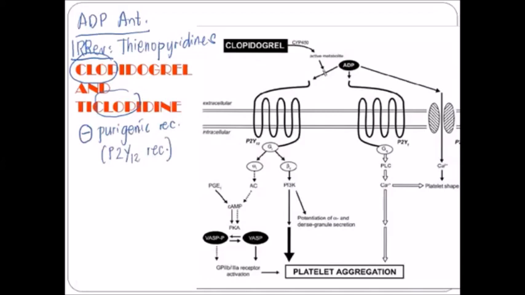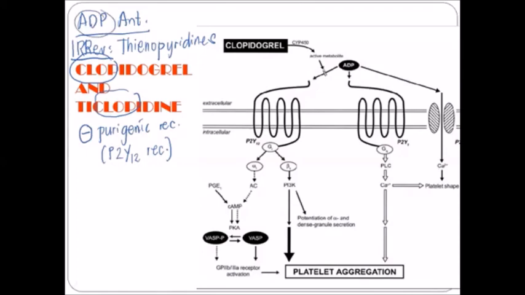Again, clopidogrel and ticlopidine, these agents are the ones that block purinergic receptors, particularly the P2Y12 receptors. Now, ang question dito is, what is the relevance of blocking purinergic receptors, and how can we relate that to the term ADP inhibitors or ADP antagonists?